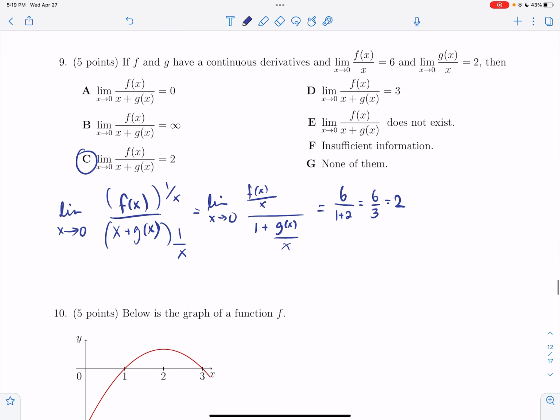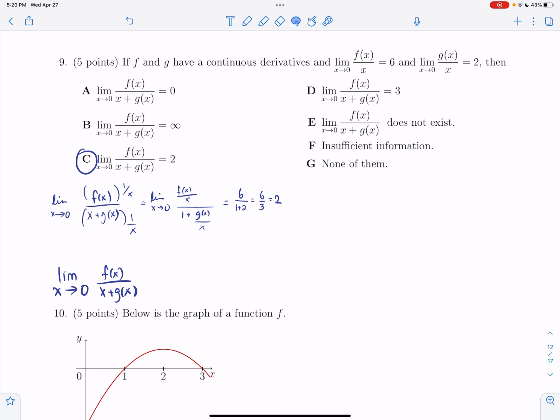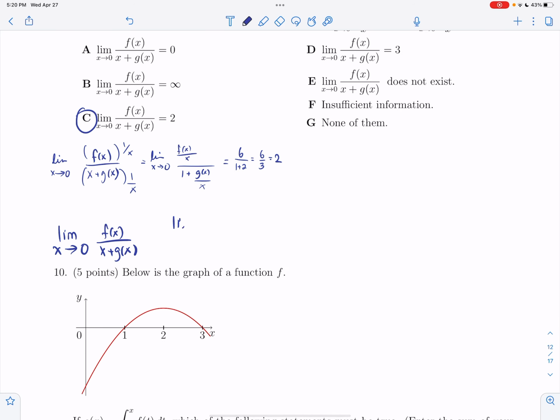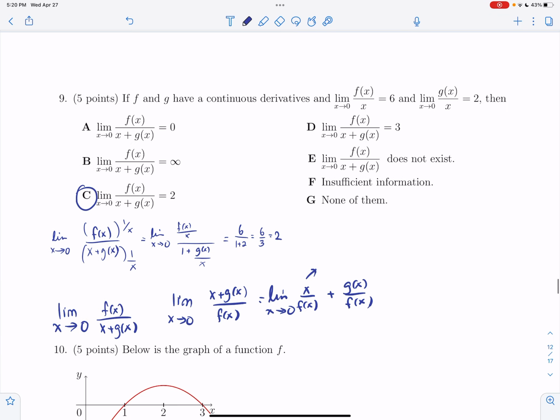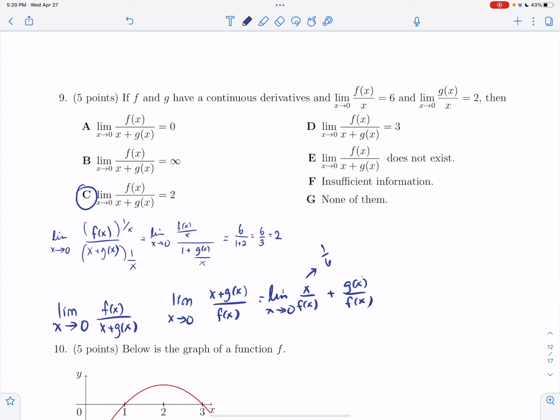Another way you could do this problem, well, you could look at 1 over the function whose limit you're asking for. So let's find limit as x goes to 0 of x plus g of x over f of x. Okay, that is limit as x goes to 0 of x over f of x plus g of x over f of x. Okay, well, what is the first one? You already know limit as x goes to 0 of f of x over x. So this one will be 1 over 6. How about this?